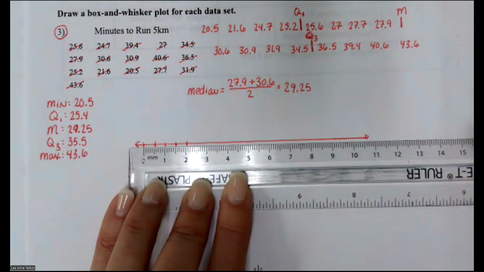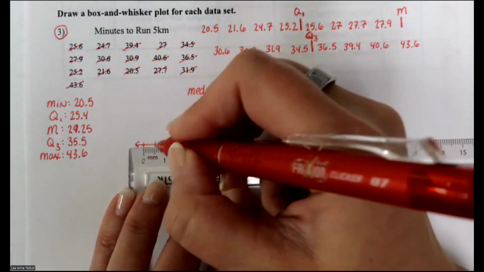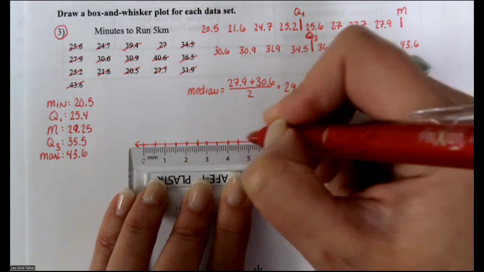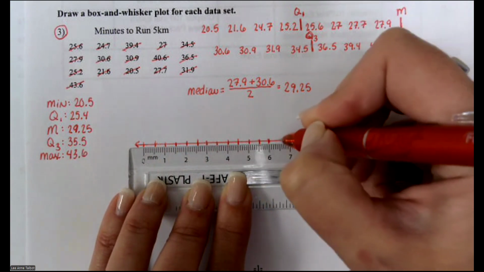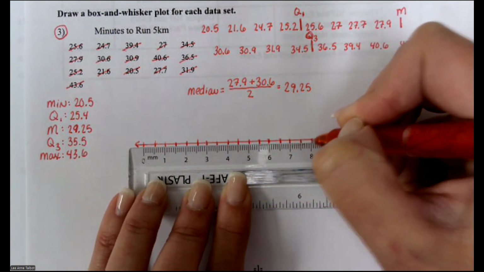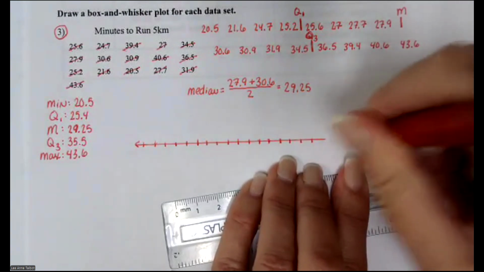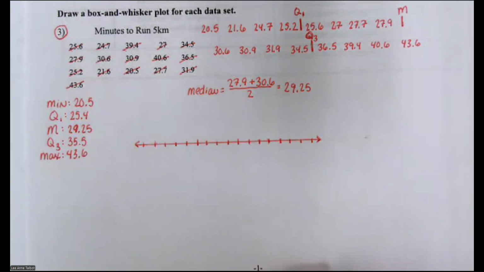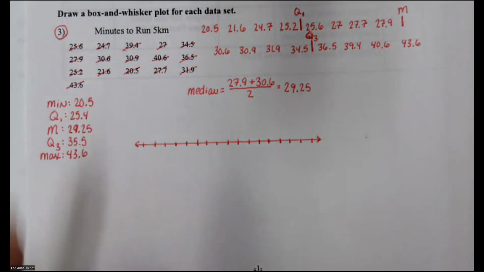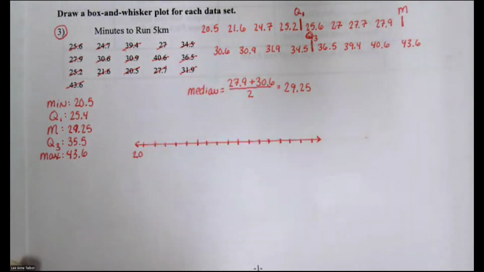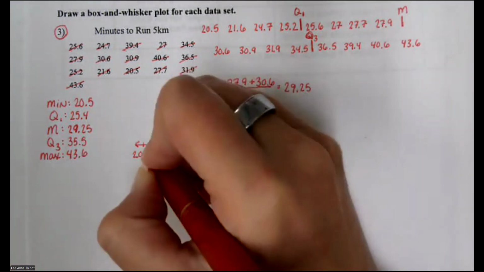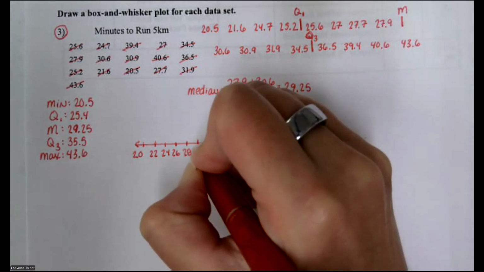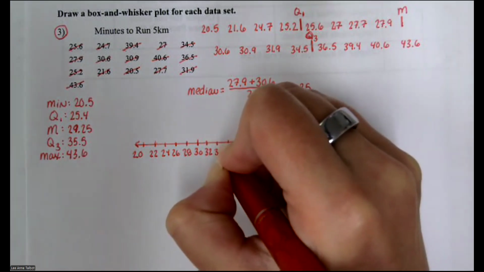I'm gonna go every half centimeter. That's plenty. And since the lowest one is 20.5, I'm gonna start at 20 and then I'm gonna go by twos. 22, 24, 26, 28, 32.